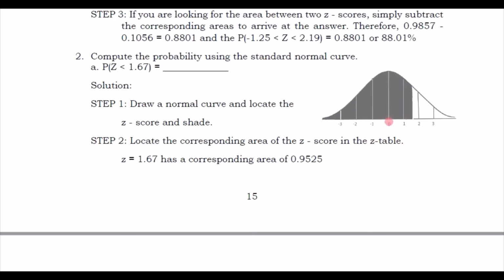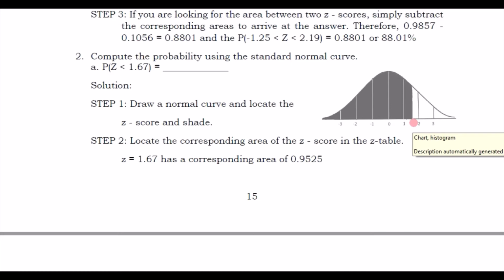Para makuha yan, alam naman natin na from 0, both sides are equal to 50%. So, ano na ngayon ang hahanapin mo? Okay? So, alam natin na itong left side ay 50%. Okay? Pero yung right side, di naman natin pwedeng isama na 50% lang. Kasi ang shaded part ay hanggang dito lang sa 1.67.